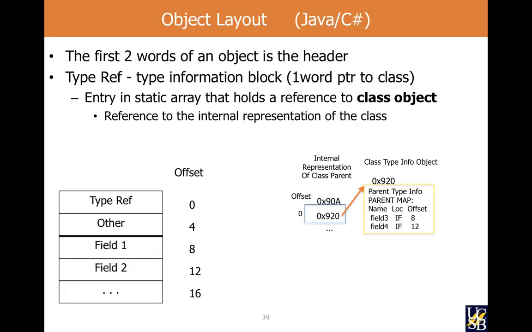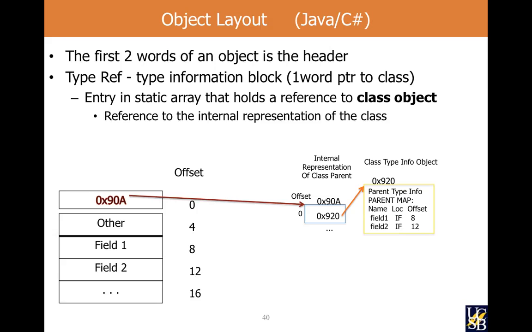Back to our picture. In our header, we're going to indicate what the type is of this object. The way we're going to do it is we're simply going to put the address of the internal representation of the class that this object instantiates. So in this case, the first word of the object is going to be 90A, which is the address of the internal representation of class parent, because we know that this is an object of type parent.